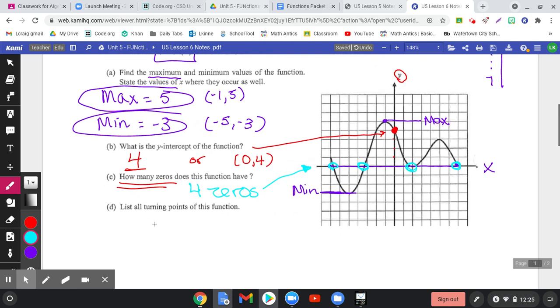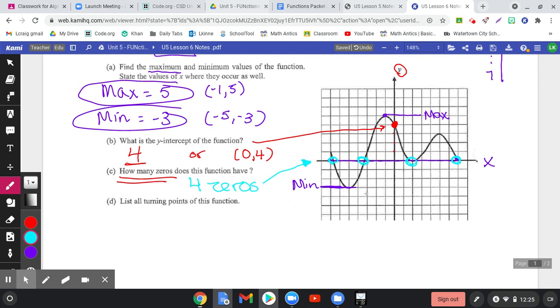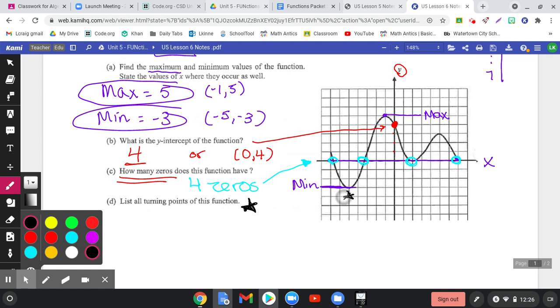All right, list all the turning points. Let me change up the color yet again here. We'll go with black. I'm going to have you label them with a star so they're easy to see. So right here, it's turning. So that's a turning point.